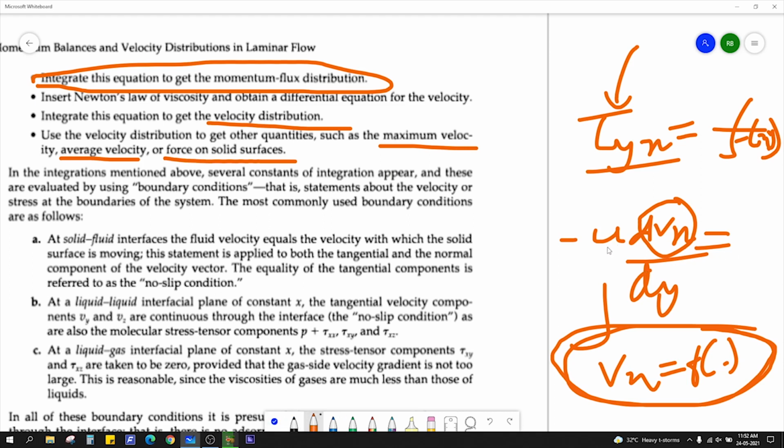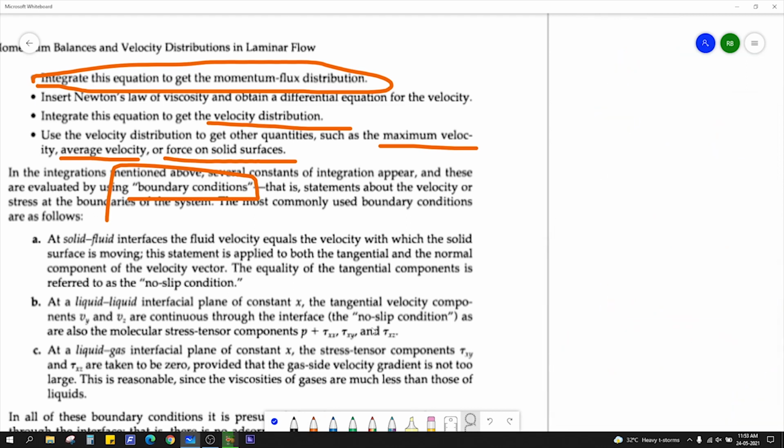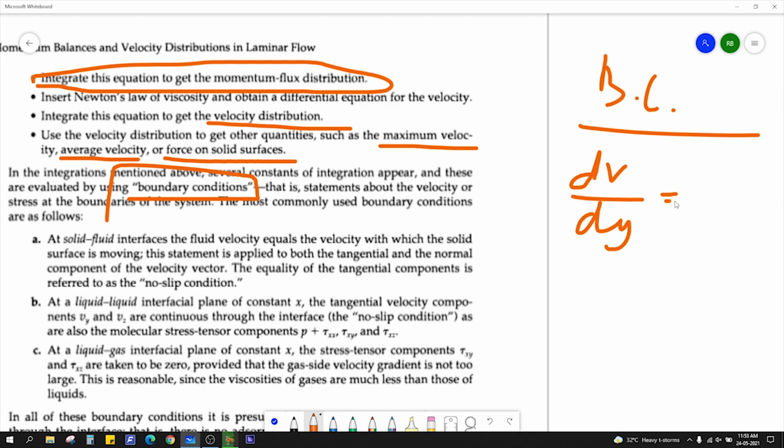Okay, now next we have boundary conditions. What do you mean by boundary conditions? So boundary conditions, BCs, you already know that while solving integral equations you have to use boundary conditions. So let's say we have dvy/dy as a function of y, right?